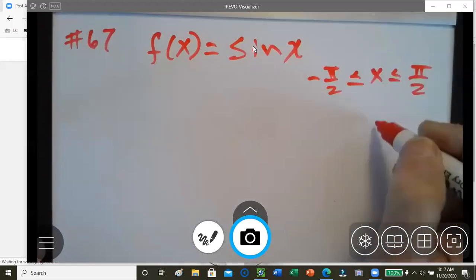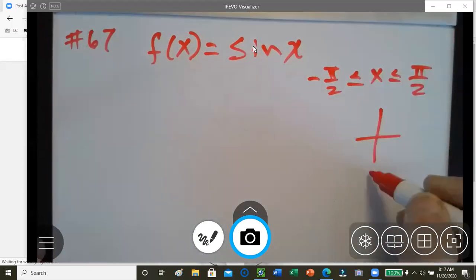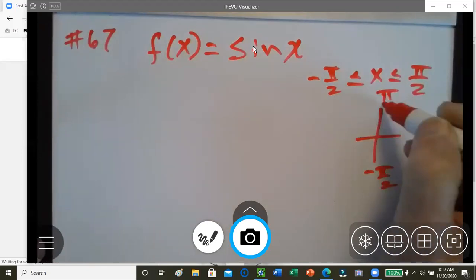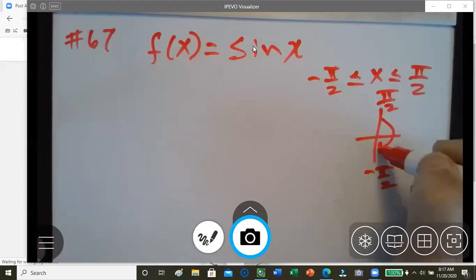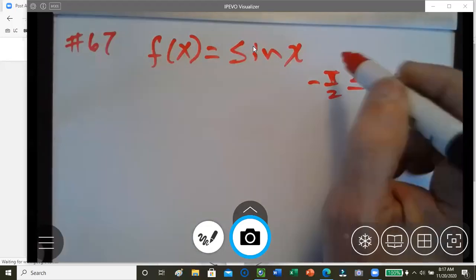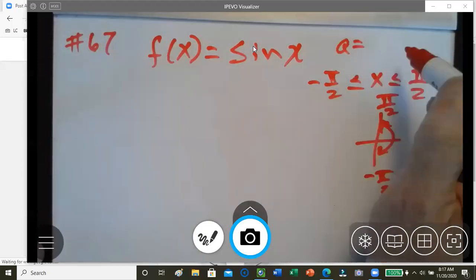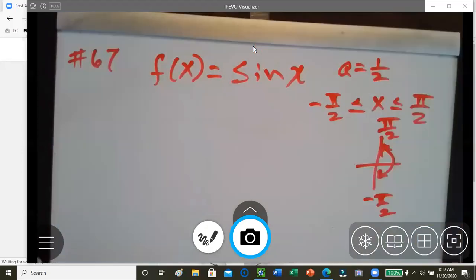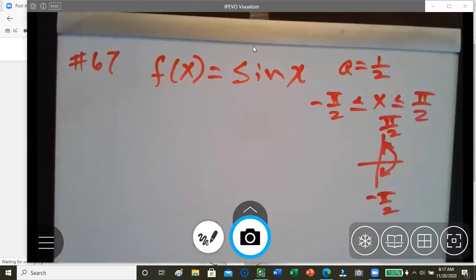If you look at the unit circle, here's negative pi over 2, and here's positive pi over 2. So we're operating between either the first or the fourth quadrants, okay? And we're given a equals 1/2. Questions with that so far?